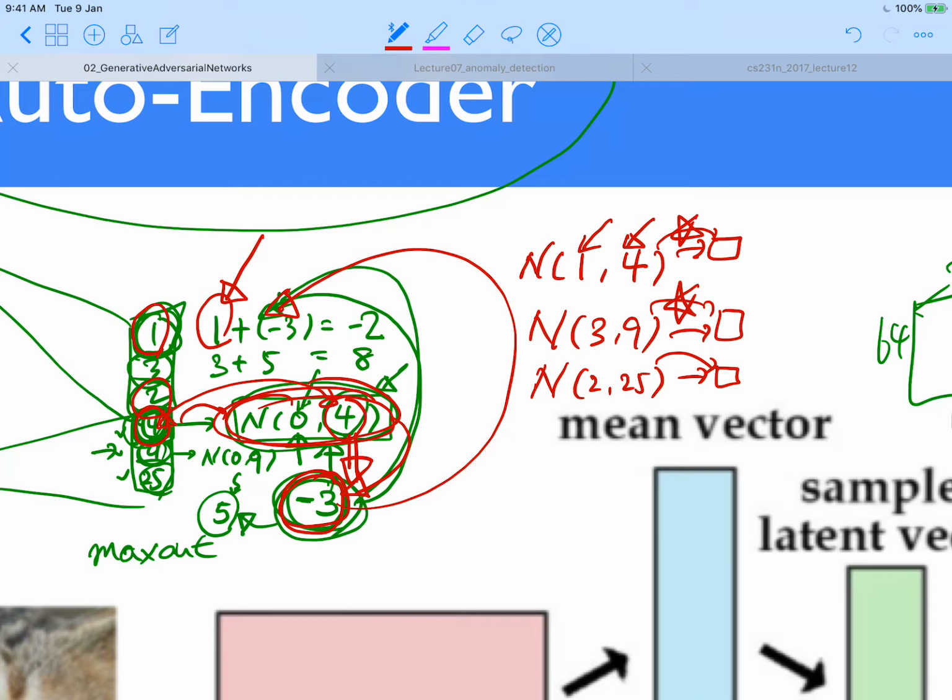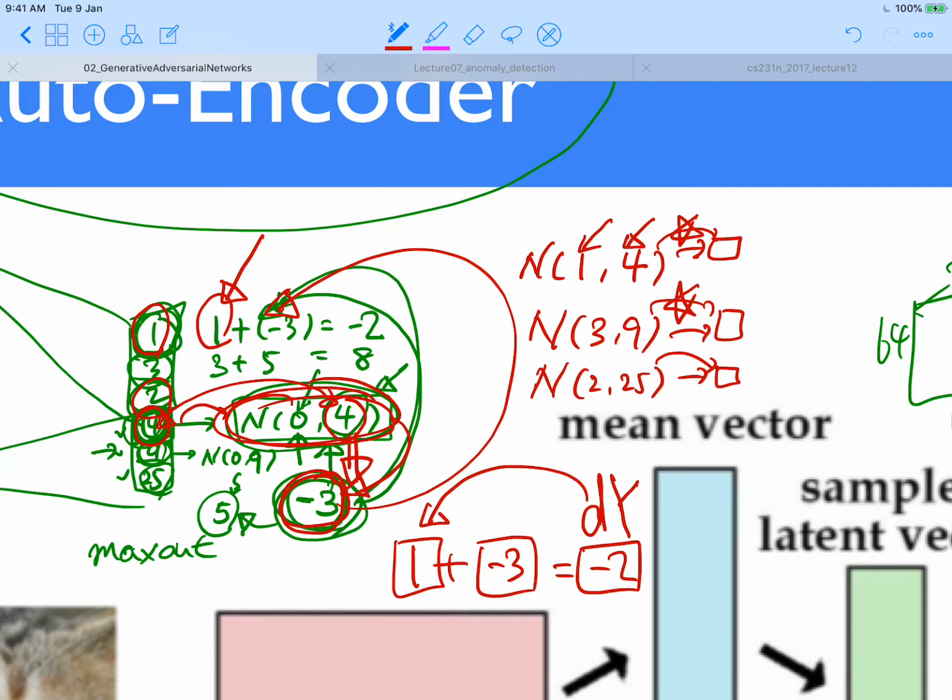Because it is 1 plus -3, and then we obtain -2 as the final encoding output, which will be used as an input to our decoder. And then we will obtain some gradient value corresponding to this output, right? And what will be the corresponding gradient value when backpropagating through each of them?